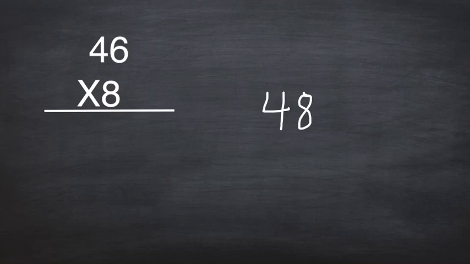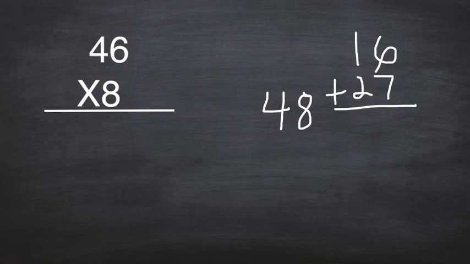If I was adding 16 plus 27, for example, when I say 6 plus 7 is 13, we write our 3 down and carry the 1, which is in our tens place. We're going to do the same thing here with multiplication, so that when I do 8 times 6 is 48, I'm going to write down my 8 and then bring the 4 into my tens place.